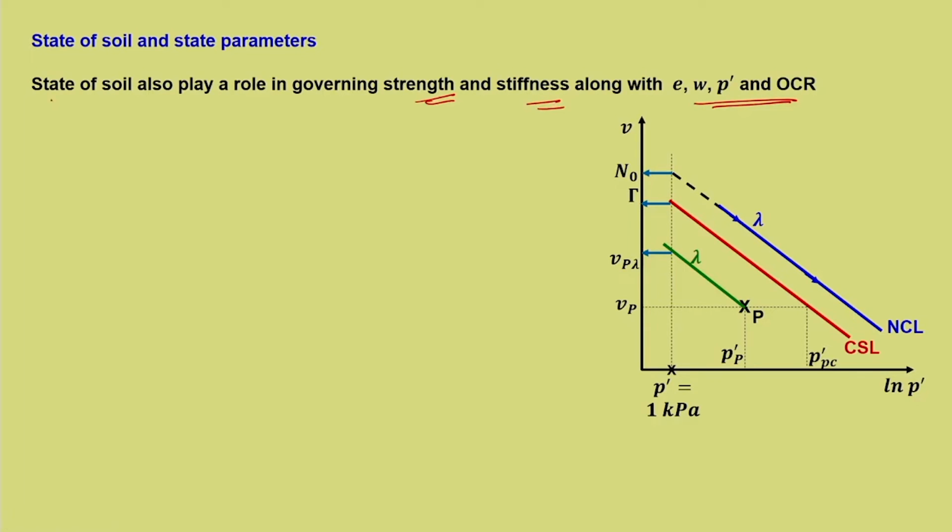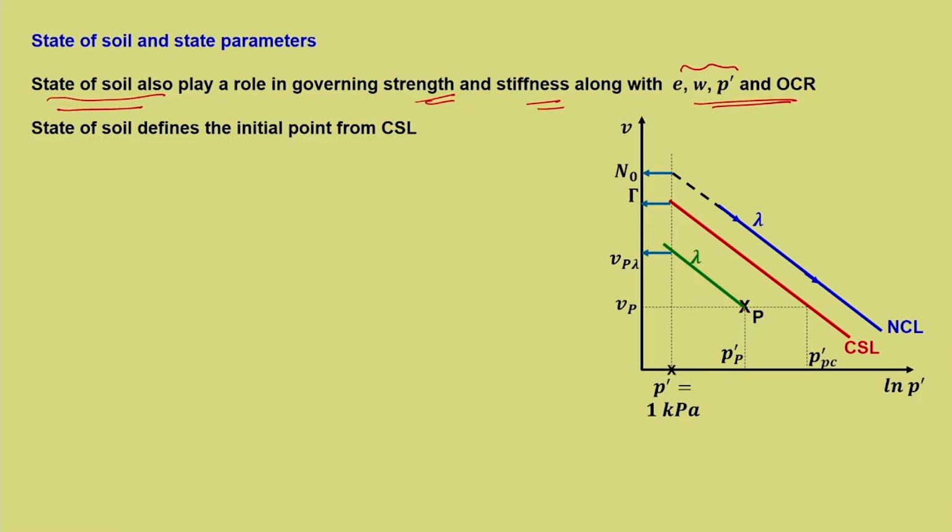So, similarly, it is important to understand how state of the soil also plays a governing role in defining the strength and stiffness. It is one and the same, because once you know this, you are defining the state, but the parameters in V, ln P dash we will define in terms of state parameters. State of the soil defines the initial point from CSL.